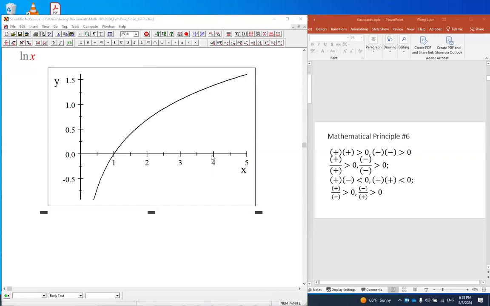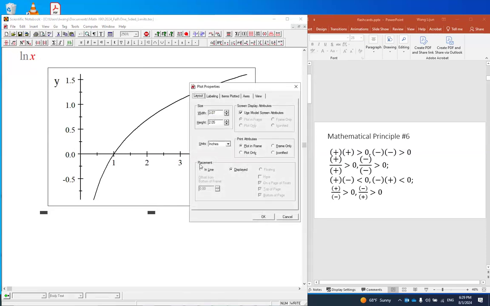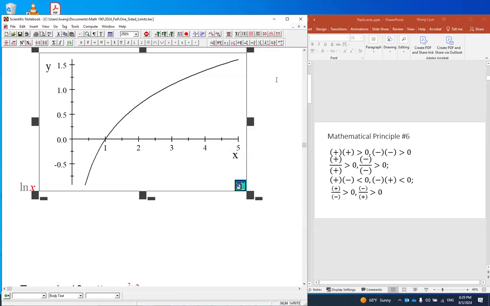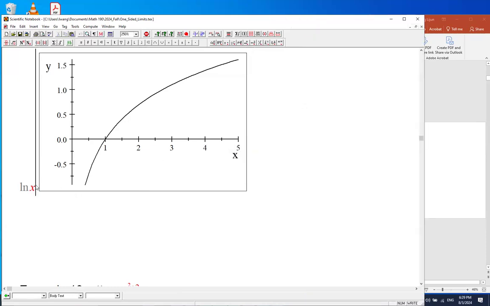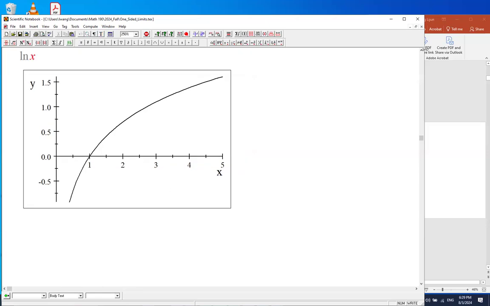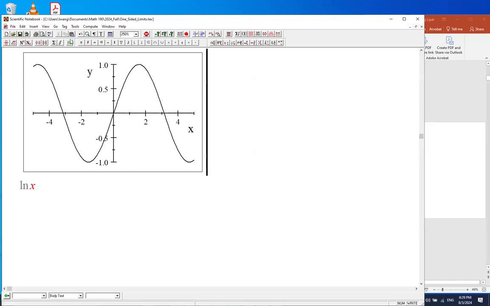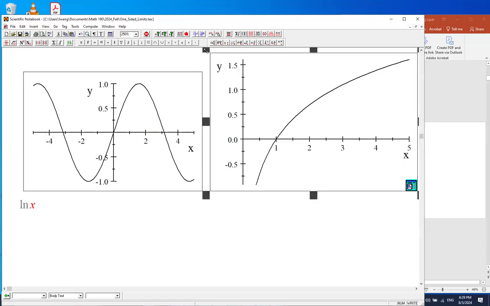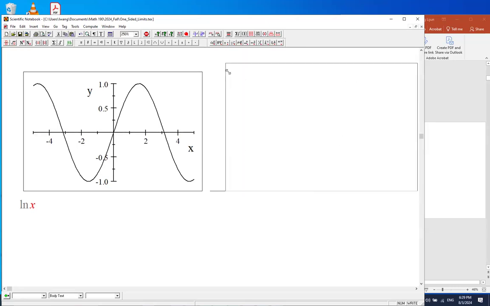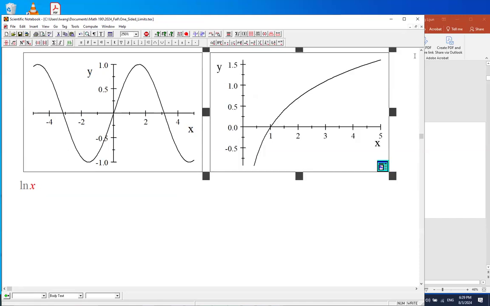So here's ln x. We're going to bring them side by side. So I'm going to bring this piece over here. Now we're going to see a little bit better by analyzing these two curves.